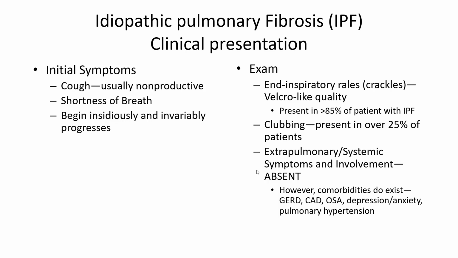And then we are not going to see extrapulmonary systemic involvement like we will in sarcoidosis. Sarcoidosis can show up in your eyes, your skin, your joints, your heart, your lungs, but IPF restricts itself to the lungs. But it would behoove you to evaluate the patient for comorbidities, things like GERD and obstructive sleep apnea and things of that sort that might be associated with IPF.